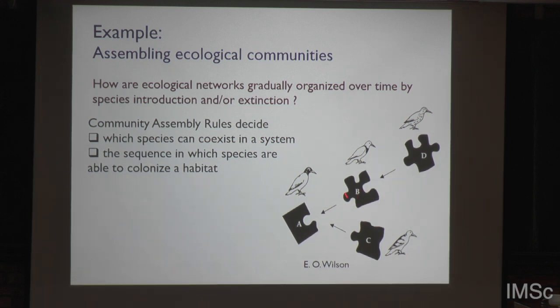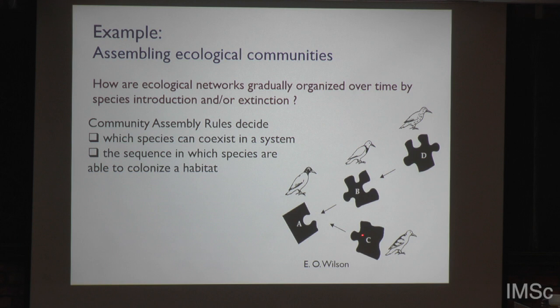So for example, suppose you have species A existing in an ecosystem. Now suppose species B comes in and fits with the niche set in place by the presence of species A, that in turn makes a niche possible for another species D, which can then come in and prosper in the ecosystem and so on.